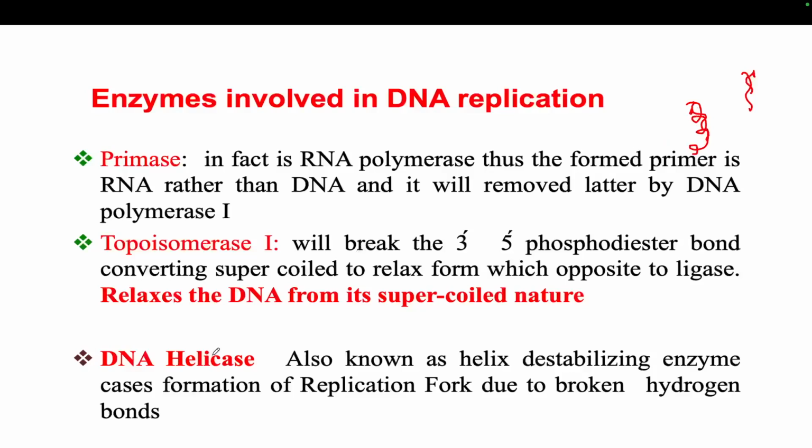Okay, then the next one is the DNA helicase. It is also called the helix destabilizing enzyme, causing formation of the replication fork due to broken hydrogen bonds. The DNA helicase and topoisomerase 1 work in a similar way, as it is also causing some kind of gap in the DNA so that the initiation of replication will happen.